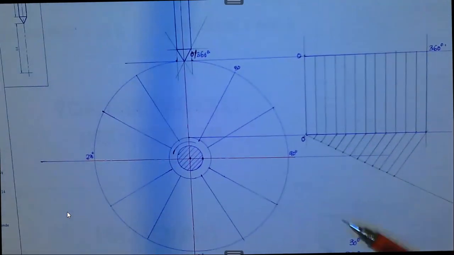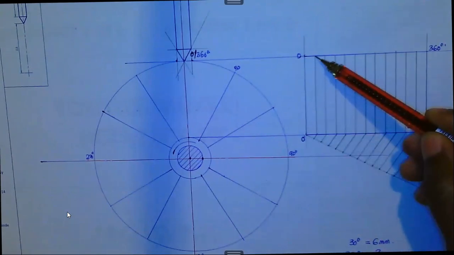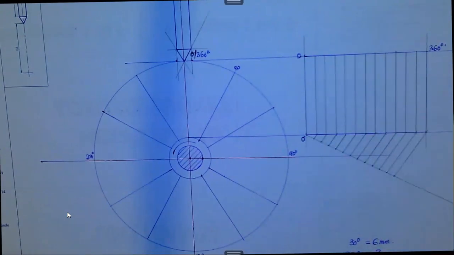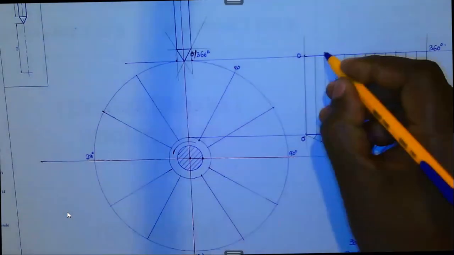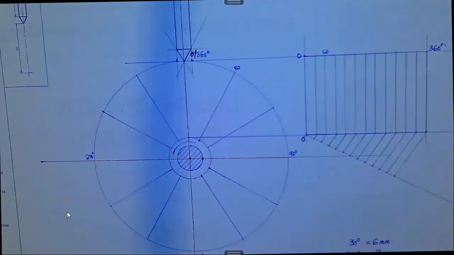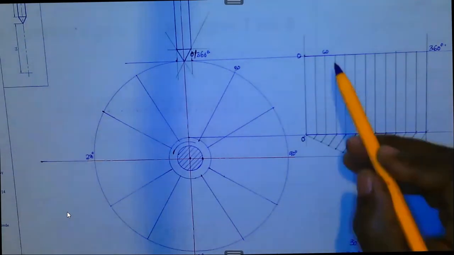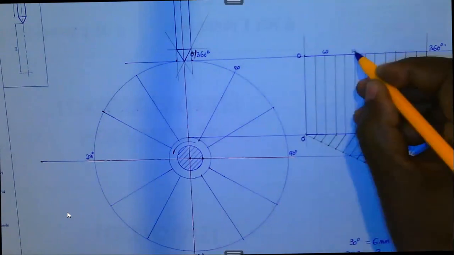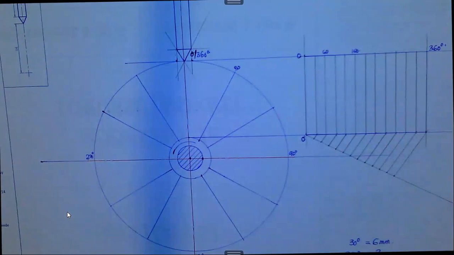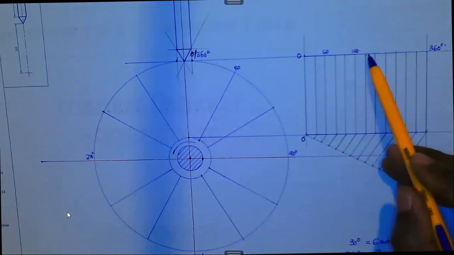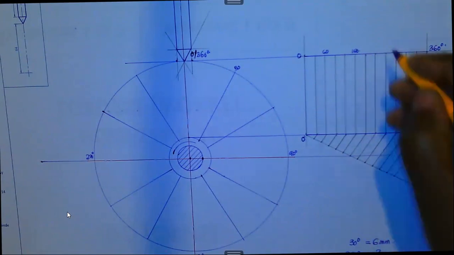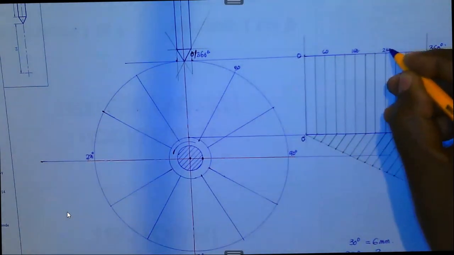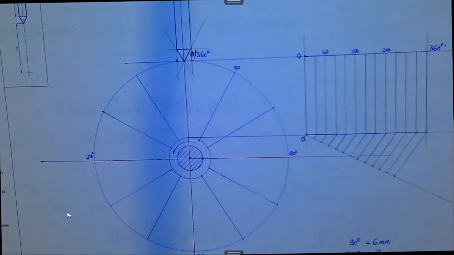Right, so from here to there, that's 30. Then this should be 60 degrees, according to the specification. Then from 60, we go to 150. So we have got 90, 120, and 150 there. Then from 150 to 240: 180, 210, 240, which is there. You need to specify all that.